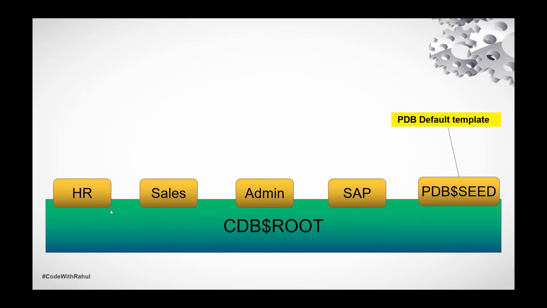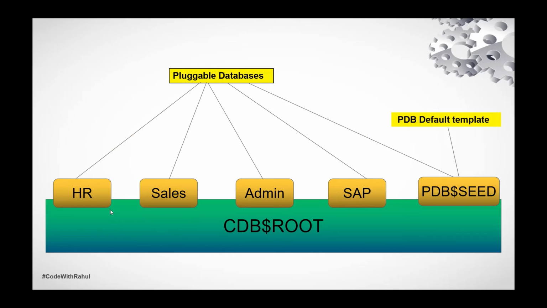I will explain this at a high level in my upcoming videos. There is a container database once we install Oracle, and there is a pluggable database, PDB$SEED, which is the default template. If we have to create any other databases on top of this container database, Oracle will copy from the template of PDB and create pluggable databases, let's suppose HR, sales, and any others.